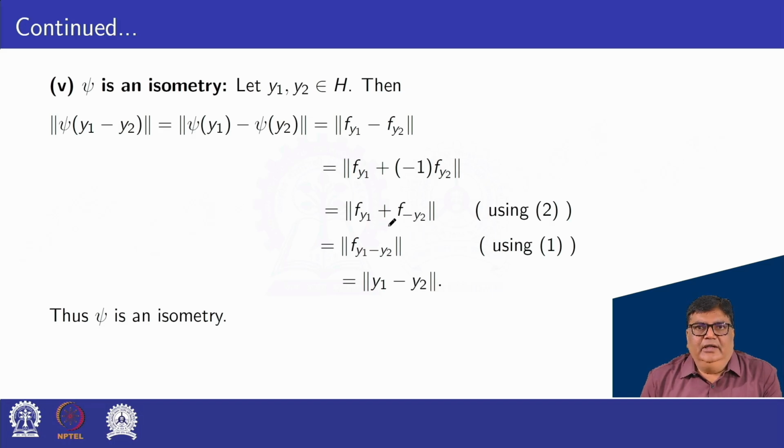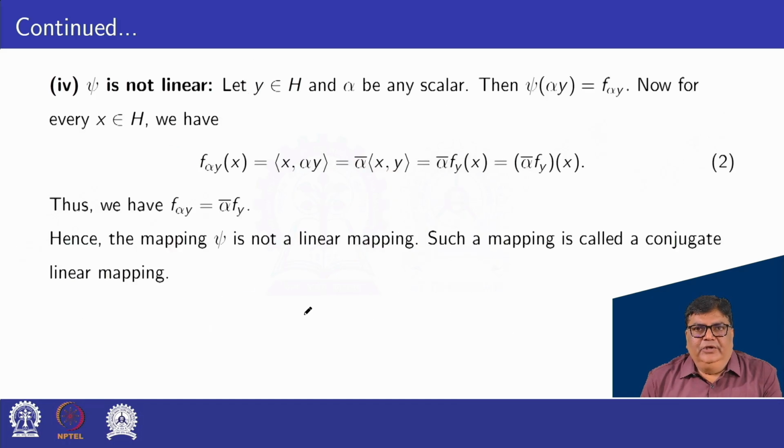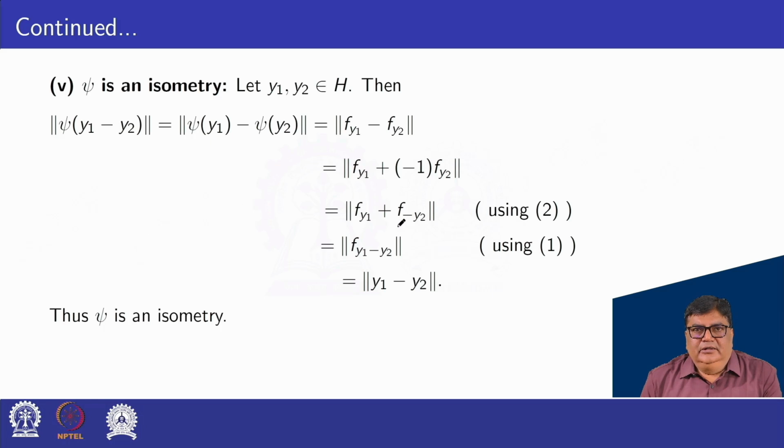And again using the property, we can write this as the norm of f_{y1 − y2}. So the norm of f_{y1 − y2} equals the norm of y1 minus y2. Thus psi is an isometry.